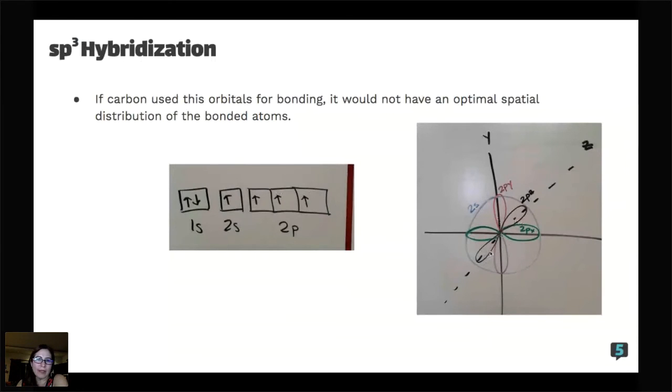Now, if carbon stays with these orbitals, it wouldn't form a tetrahedron because it will bond somewhere here, the overlap, somewhere here, and somewhere here. So what carbon does is that it hybridizes its orbitals to distribute better in 3D around the atom.